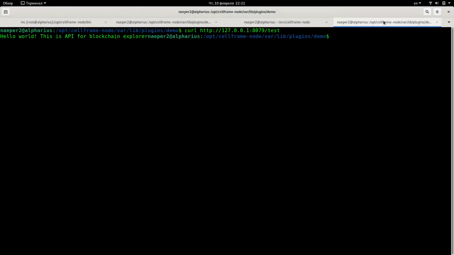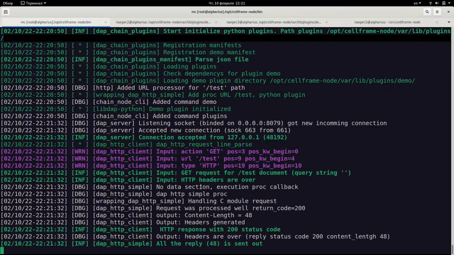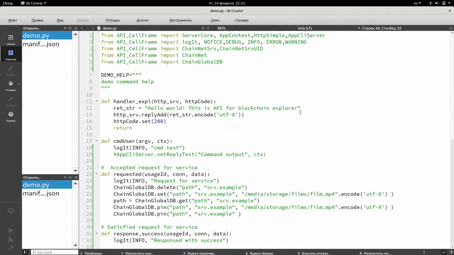Test. Hello world. You see, at least this part is working. Here you see we have a working HTTP server. Great.